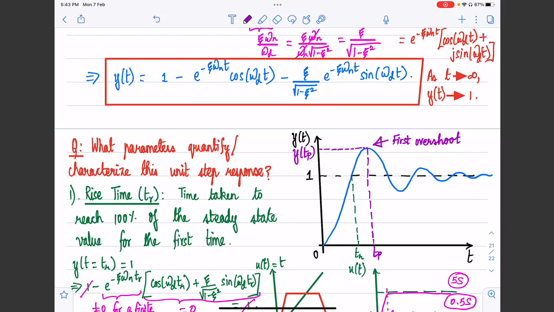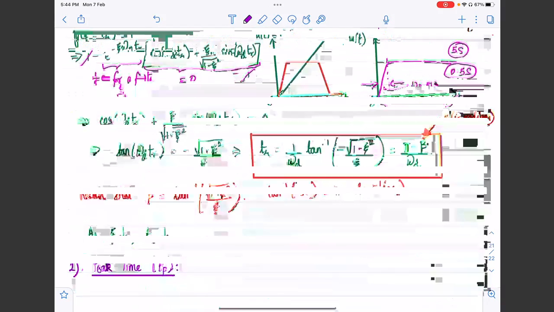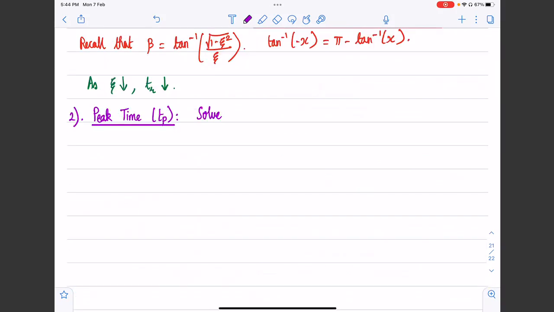So I need to find the first maximum, right? The function is y of t. What should I do? I need to solve dy/dt equals 0. So please solve dy/dt equals 0.